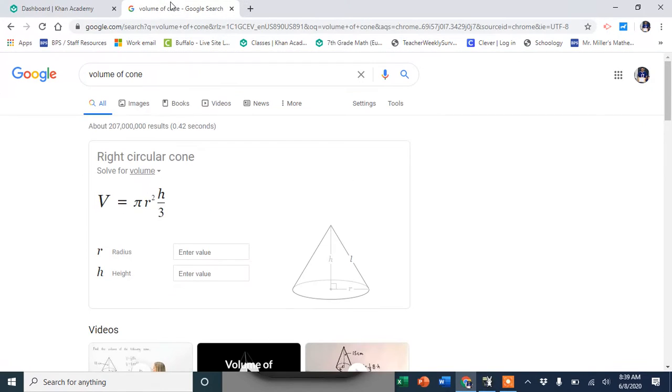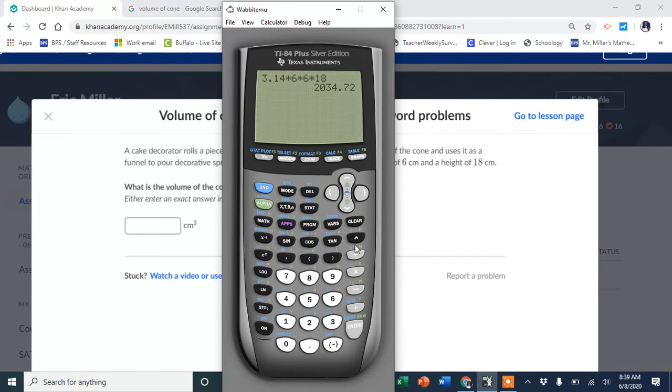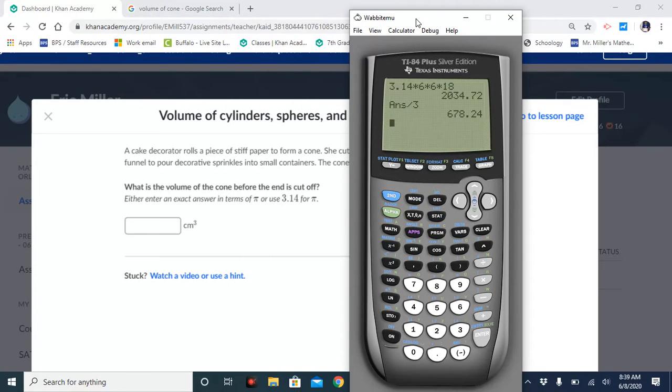And then again, according to the formula, we have to make sure that we divide that by 3. So divided by 3. And there's our answer. And they want the answer, it says give an exact answer. All right, so it's going to be 678.24.